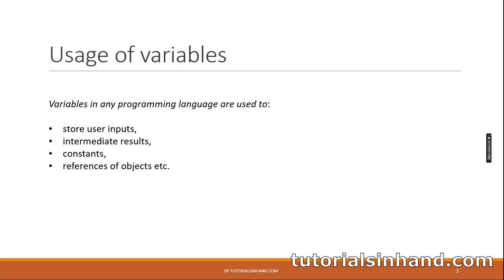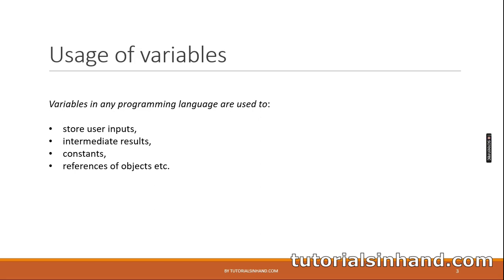Okay, let's proceed. Usage of variables. So why are variables very important in any programming language? Variables in any programming language are used for the following purposes: store user input, store intermediate results, store constants, and references of objects, etc. As I have already said, variables can be used to store any value.